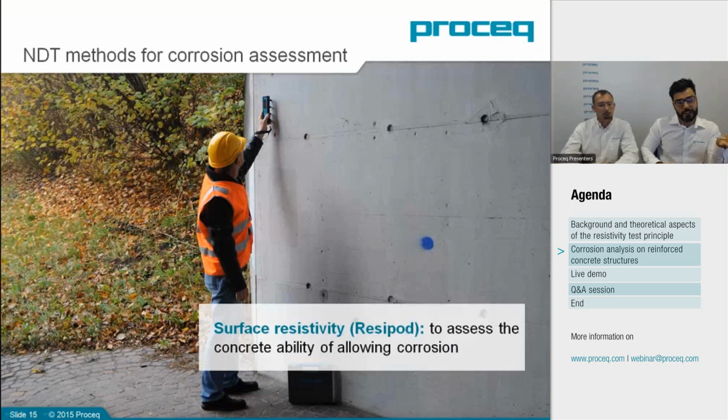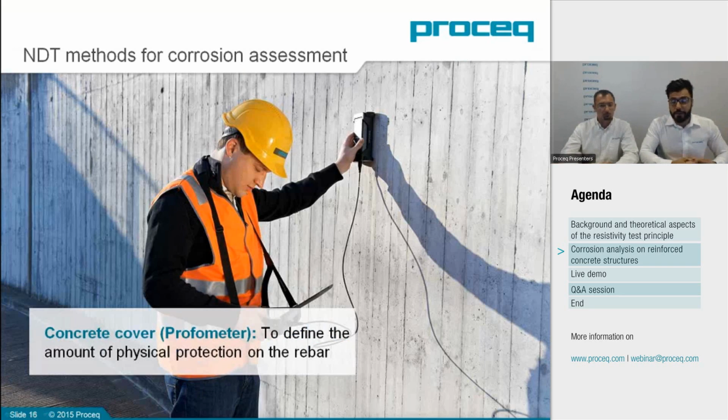Surface resistivity is also used to assess the concrete's ability to allow corrosion. Thirdly, one of the biggest contributing factors, obviously, is that corrosion happens in and around our reinforcing steel. So we need to know where the reinforcing steel is and what concrete cover, which ultimately provides the protection to our steel, we are dealing with.